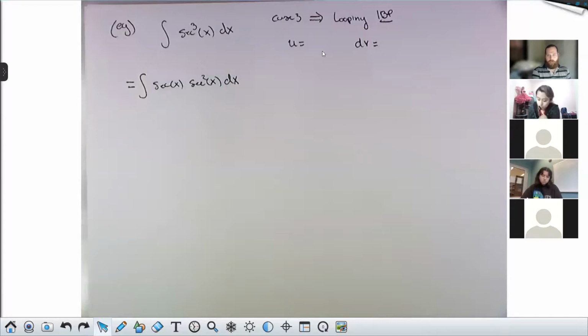You should choose for U something that is nice to differentiate, and you should choose for dv something that is nice to integrate. So when you're looking at this secant cubed, it's either secant cubed times 1 or secant times secant squared. Those are the only ways you can partition. Which of these things is nicest to integrate? Secant cubed, secant, or secant squared? Which of those things should I pick for dv?